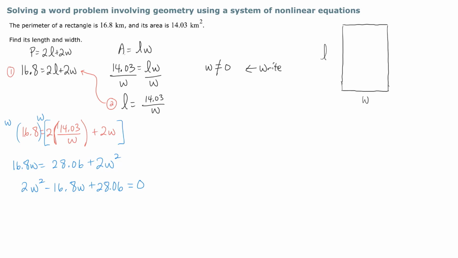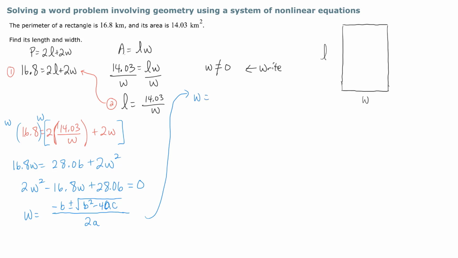Now, because we have decimals, don't even bother to factor this. Instead, we're going to use the what? Quadratic formula. Negative b plus or minus the square root of the quantity b squared minus 4 times the quantity a times the quantity c, all over 2 times a. And we're simply going to substitute for W. Let's see.